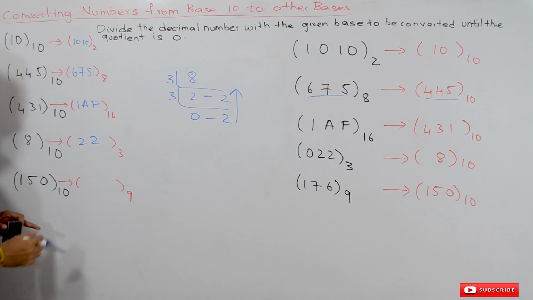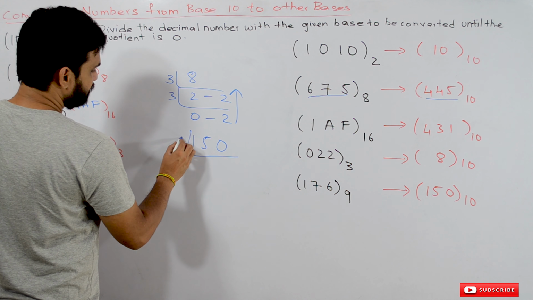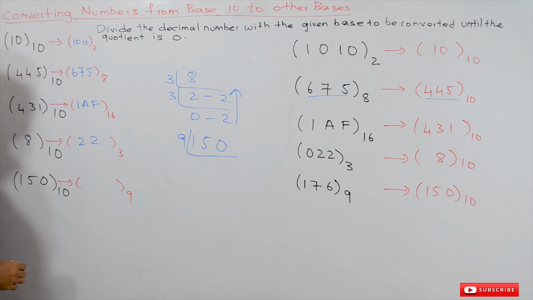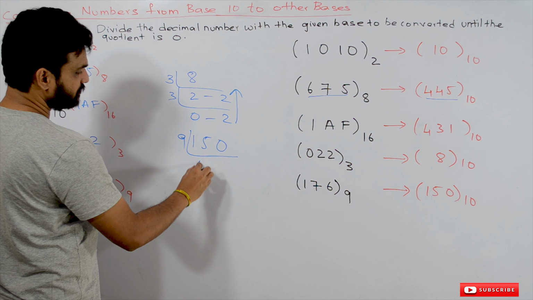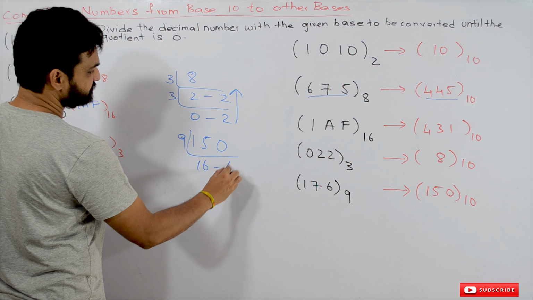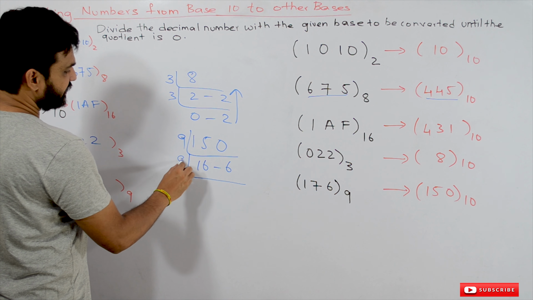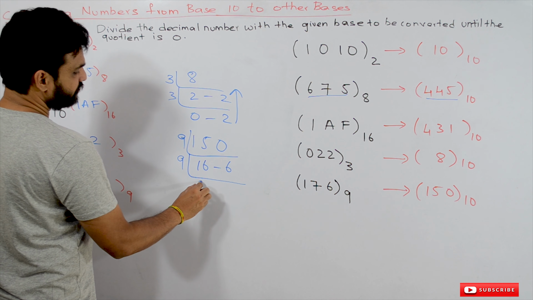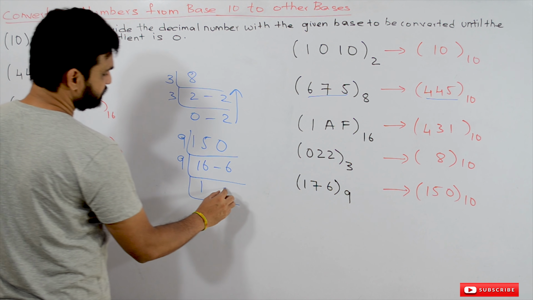Now coming to 150, how can this 150 be converted to a base 9 number? 150 divided by 9 is 16 times, and the remainder is 6. Similarly, 16 divided by 9 is one time, and the remainder is 7.